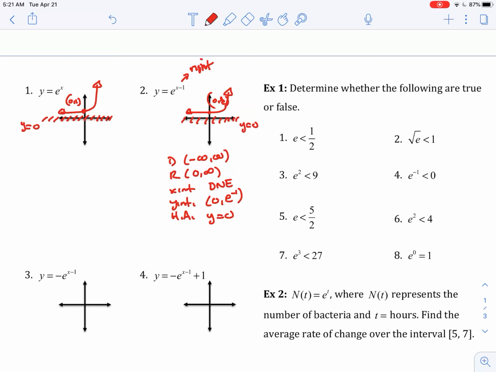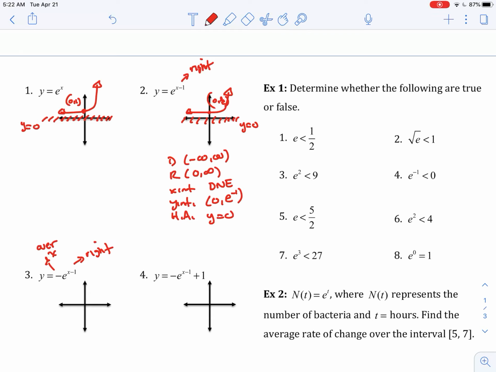On number 3, we're still looking at that basic graph in number 1 of y equals e to the x. We just know that the negative out in front of the function has told us to flip that graph over the x-axis, and that -1, as we just saw in number 2, tells us to shift that graph to the right. And so if we take what we've done, we always move left or right.